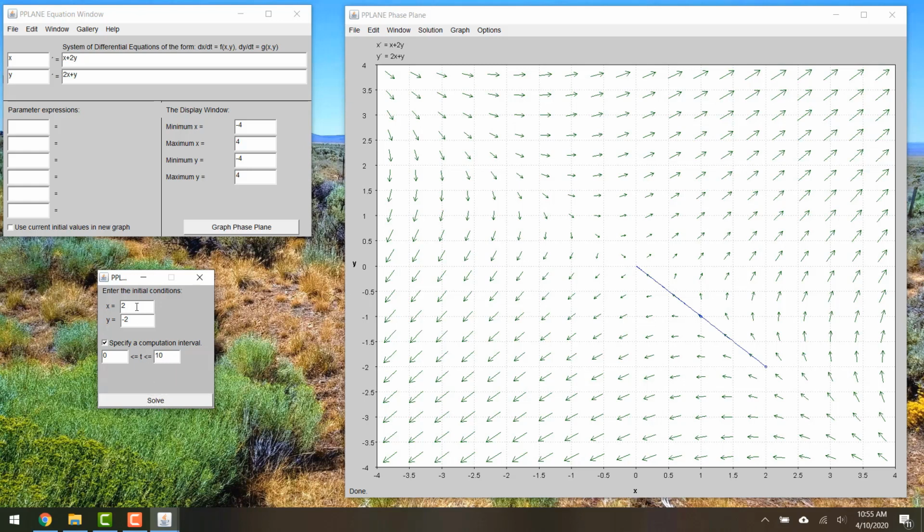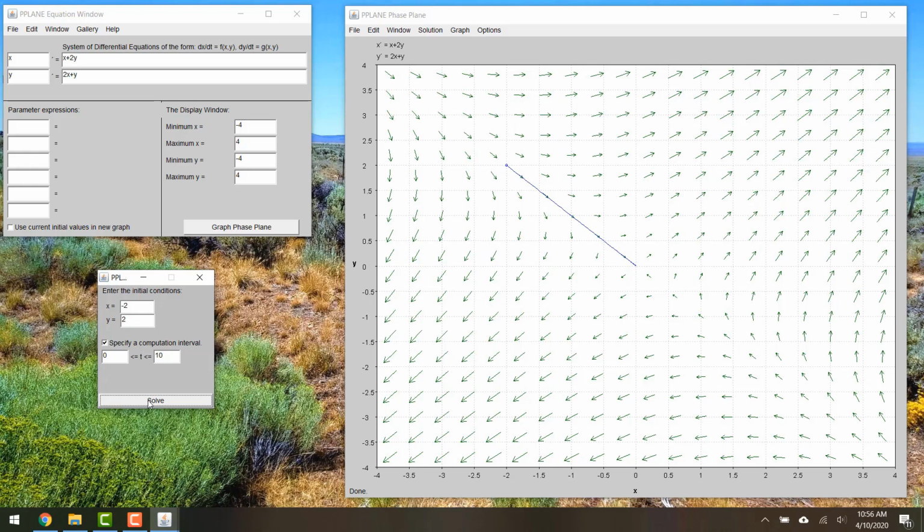If you start at a negative multiple of this, let's do -2, 2, let's clear first with graph phase plane. This one started at -2, 2 and just rode that line right towards the origin.